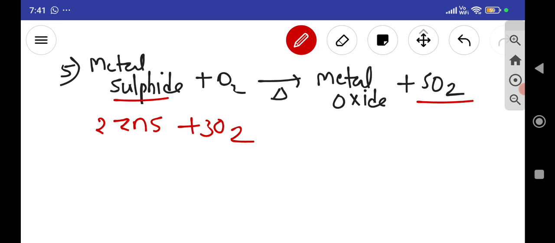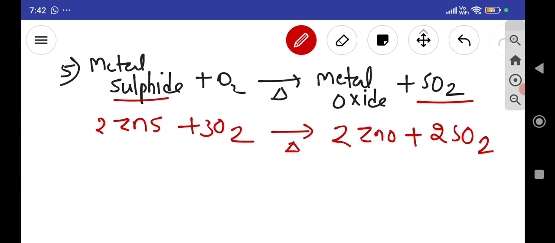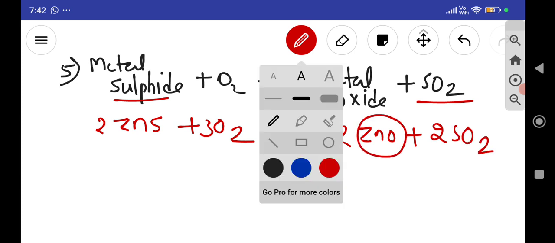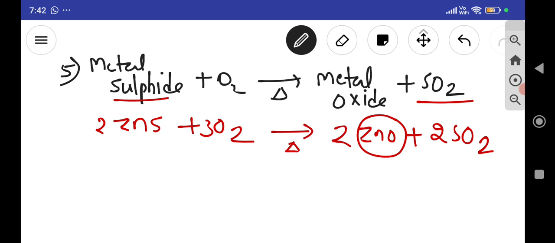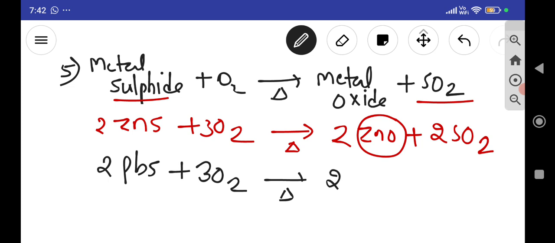Here we can take 3O2, on heating gives 2ZnO plus 2SO2. So zinc oxide is a metal oxide here. So metal oxide with water can give you the base. Next, lead sulfide plus 3O2 gives us 2 lead oxide plus 2 moles of sulfur dioxide. So hope you have understood this.